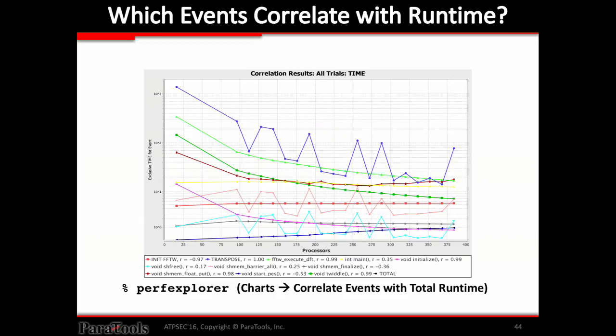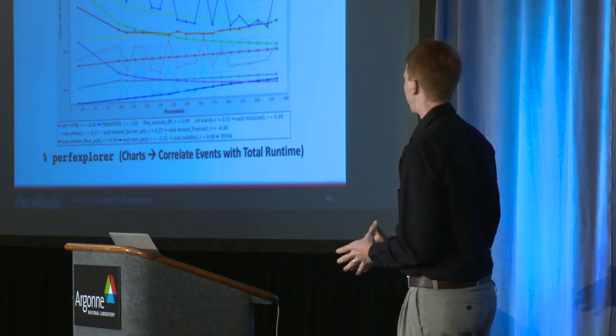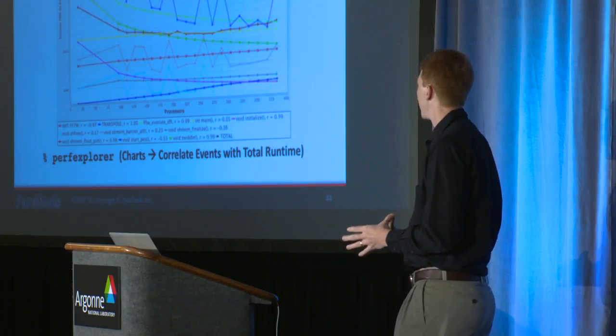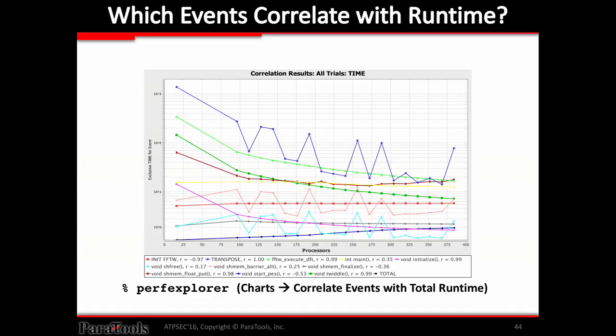Correlation, this is a very powerful feature in Perf Explorer. If you run your code at different core counts and you see that certain core counts perform very poorly, sometimes it's difficult to figure out why that might be. This is an application where the code was doing a two-dimensional Fourier transform, where it would do a 1D FFT, then do a corner turn or transpose, whatever you want to call it, and then it would do another 1D FFT.